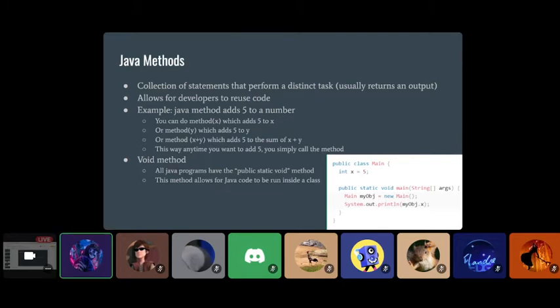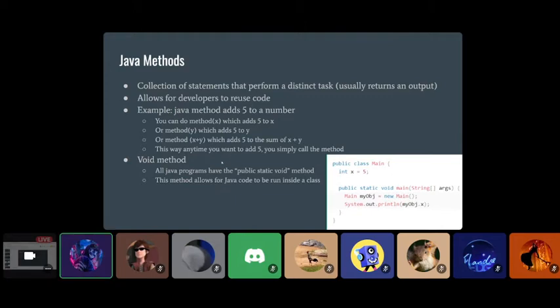Then I'd have to write it again, system.out.println x plus y plus 5. So what we'll do is write a method, and we'll learn how to write that in the next slide, that takes the number, whether it be x, y, x plus y, anything, and just adds 5 to it, and we print it out. That way we're reusing the code. You'll see this later on.